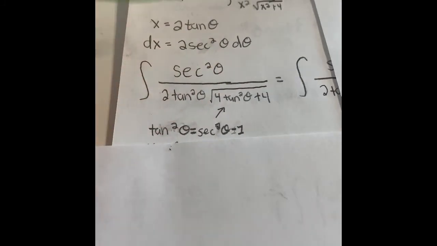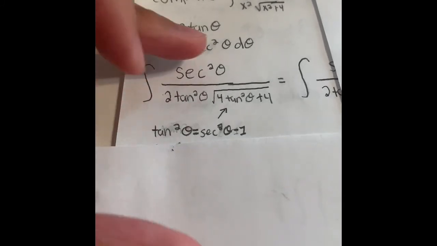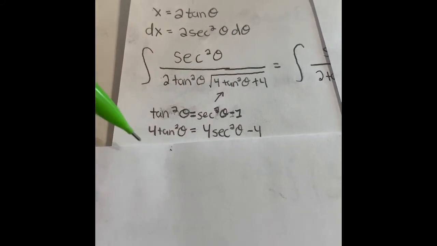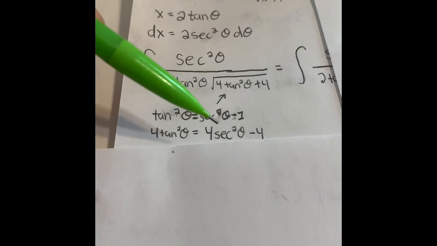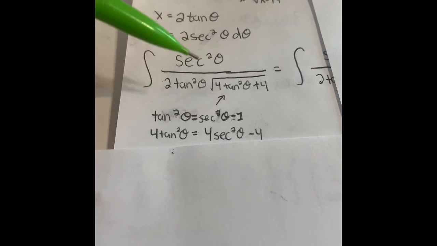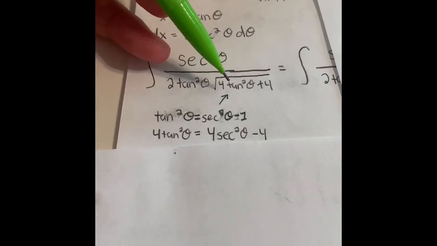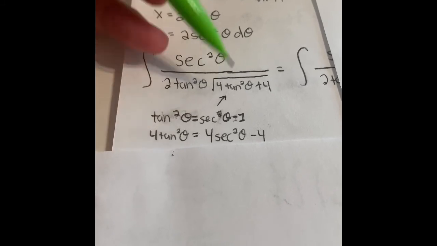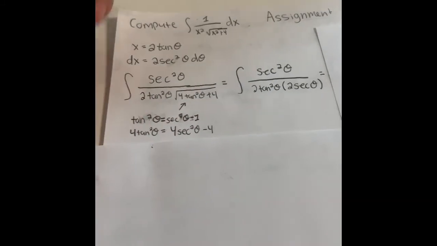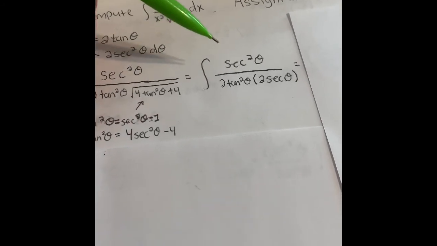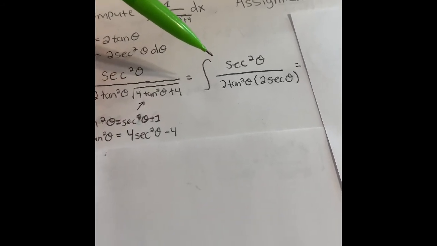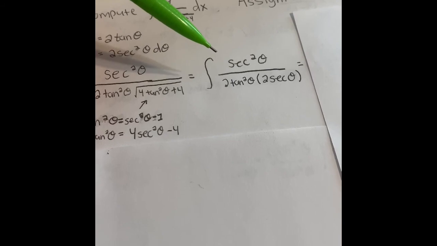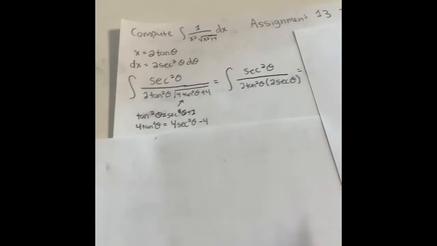Since this is 4 tangent squared theta plus 4, it would equal 4 secant squared theta minus 4. Once we plug that into the square root and take that square root, we get the integral of secant squared theta over 2 tangent squared theta times 2 secant theta.